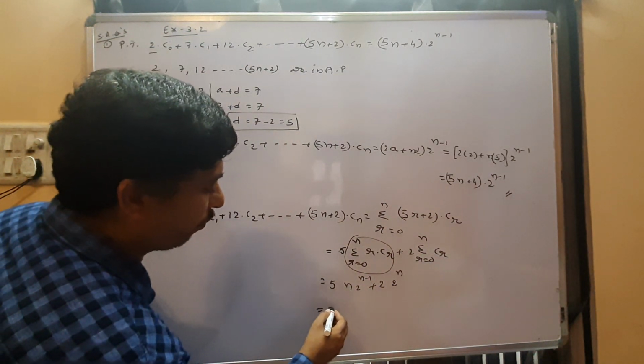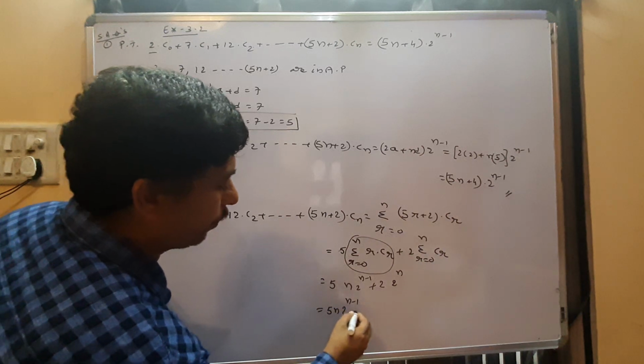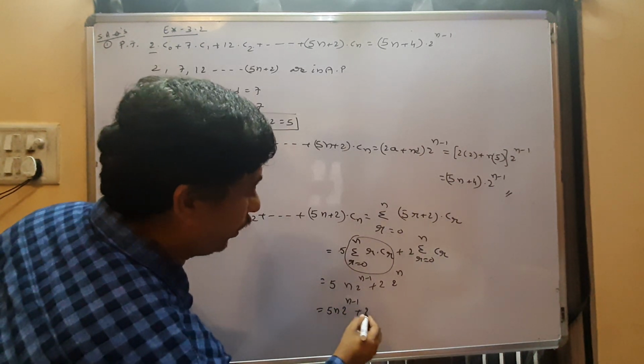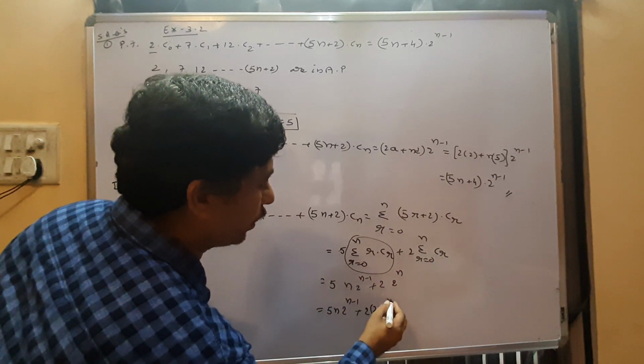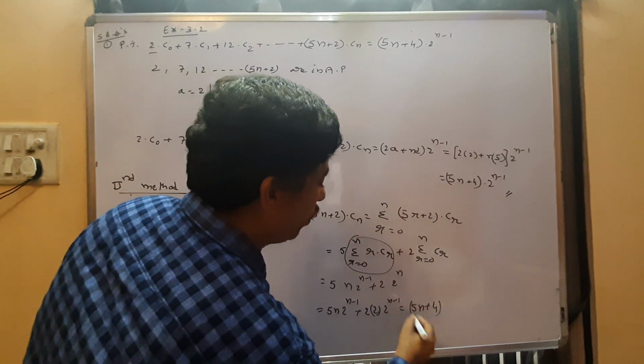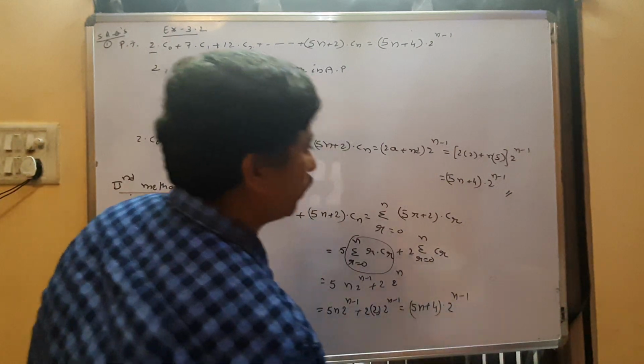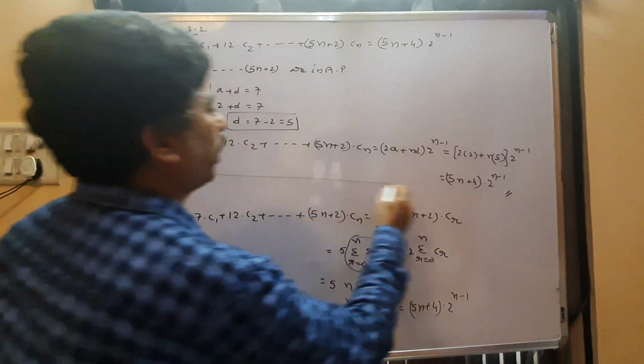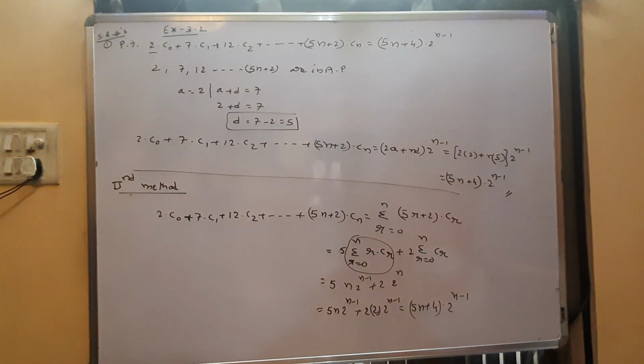So that is equal to 5n into 2 power n minus 1 plus 2 power n, which can be added as 2 into 2 power n minus 1. Now 2 power n minus 1 common: (5n plus 4) into 2 power n minus 1. This is the second method. You can follow any one of the methods. Okay, copy that.